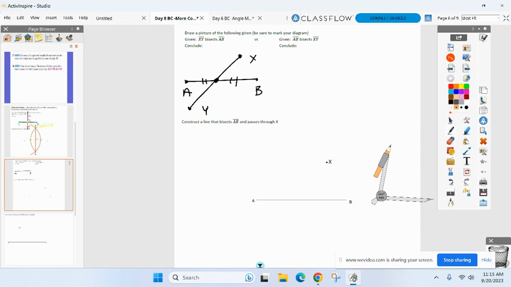Switch it up. AB bisects XY. You can do the same diagram and just flip the letters, but if you want to get crazy, go ahead.